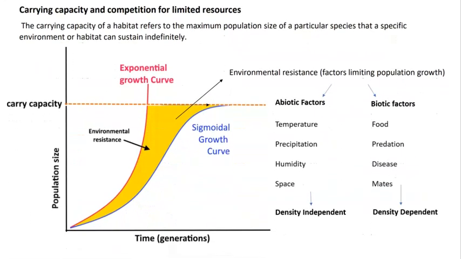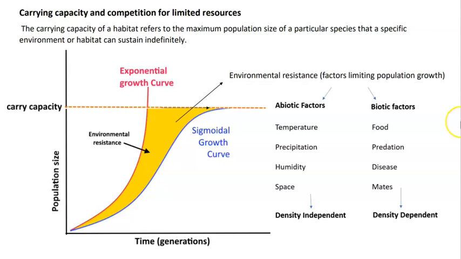Populations, however, rarely perform in such a manner, and they are in fact affected by what are called limiting factors. Here you can see I've split them into abiotic and biotic, and if we jump very quickly to the lower curve, we can say that most of the abiotic factors are density independent factors.